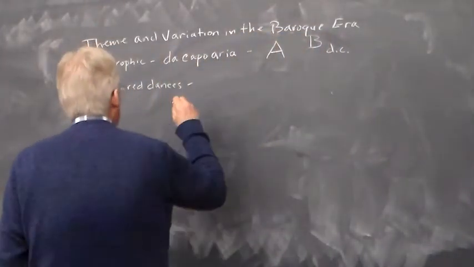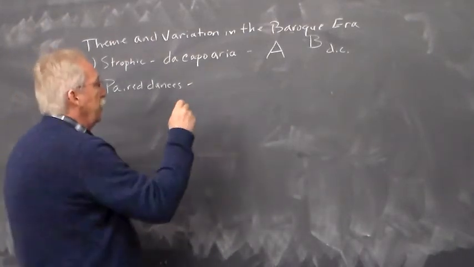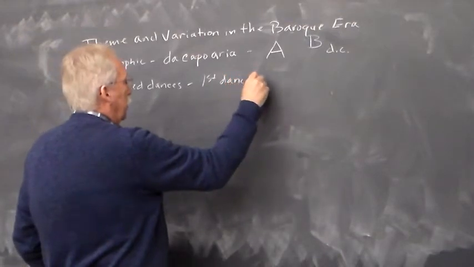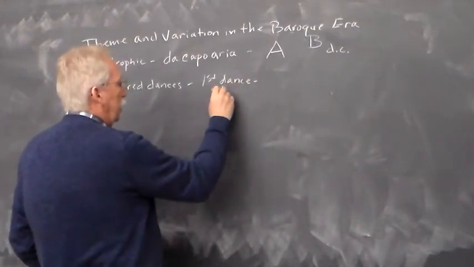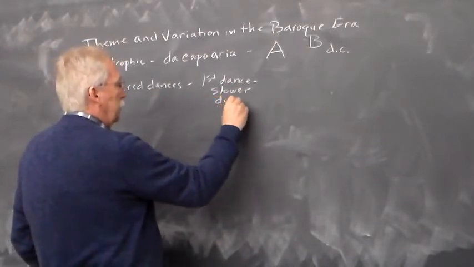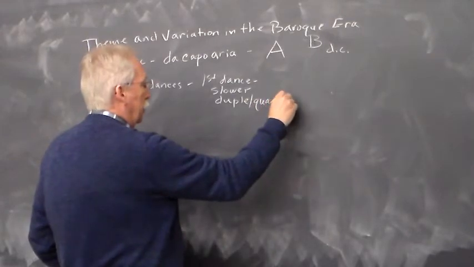So you basically would have an opening dance that would be slower and duple or quadruple meter.